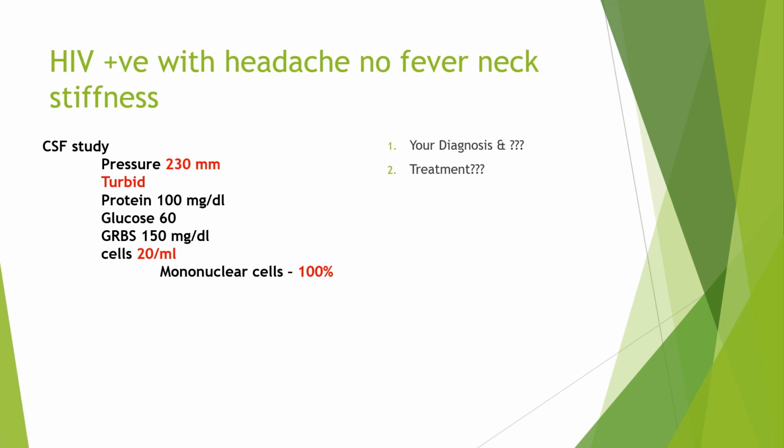A known case of HIV positive patient with headache presents to hospital and finds that there is no fever, there is no neck stiffness, only history of the headache. A CSF study shows pressure of 230, turbid fluid, proteins of 100, glucose 60, and GRB is 150, cells being 20, all mononuclear cells.